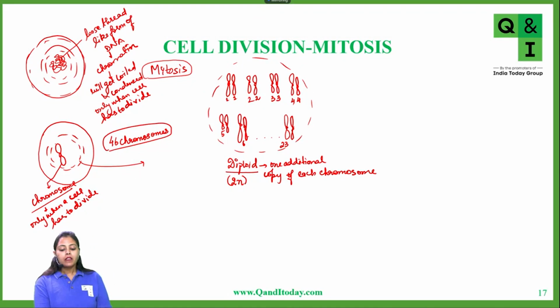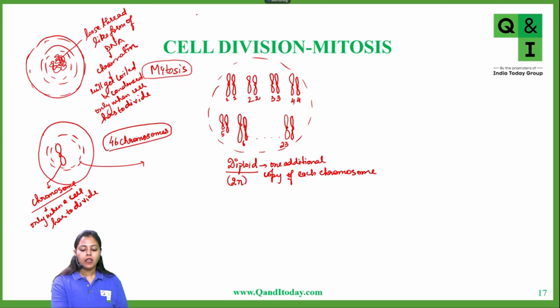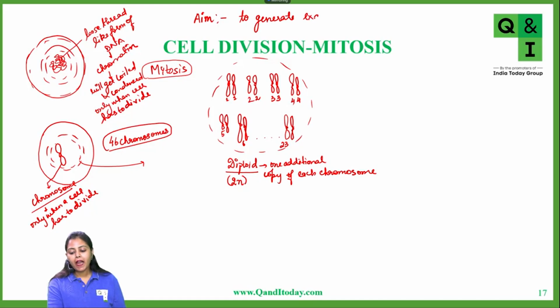Now see, this division, mitosis, leads to what? In mitosis, there occurs an exact replica in the daughter cells. So the aim of mitosis is to generate an exact replica of the parent cell.